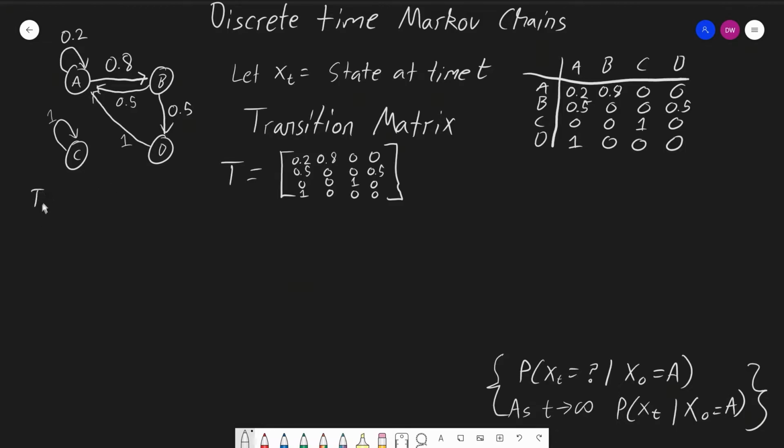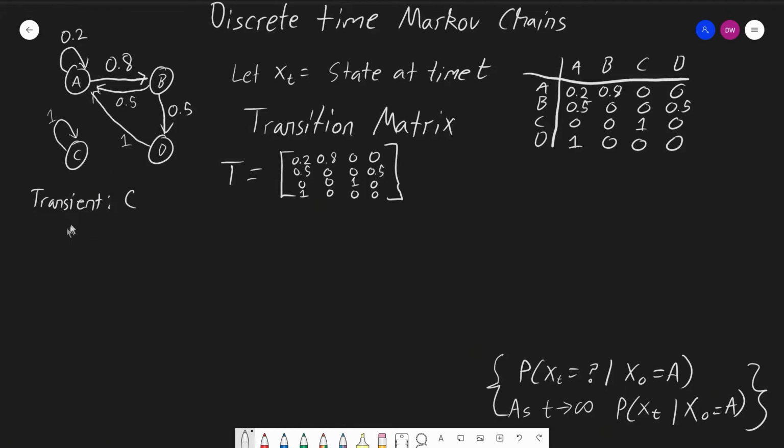We have transient. A transient state is one that you visit a finite number of times. Now, in this case, that's a little bit of a relative thing. This is a special case. So if we started anywhere in state A, B, or D, then C is a transient state because we're only going to visit it 0 times, a finite number of times.